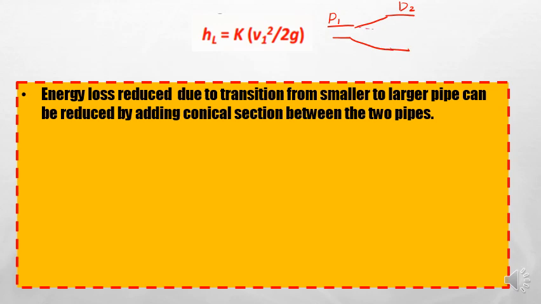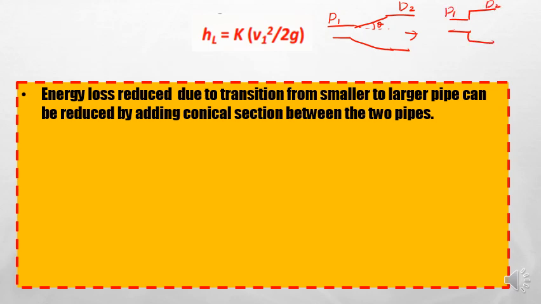This cone, of course, has a certain angle. By adding this cone shape here, it can reduce the energy loss compared to if we directly move the liquid from a smaller pipe into a bigger pipe.